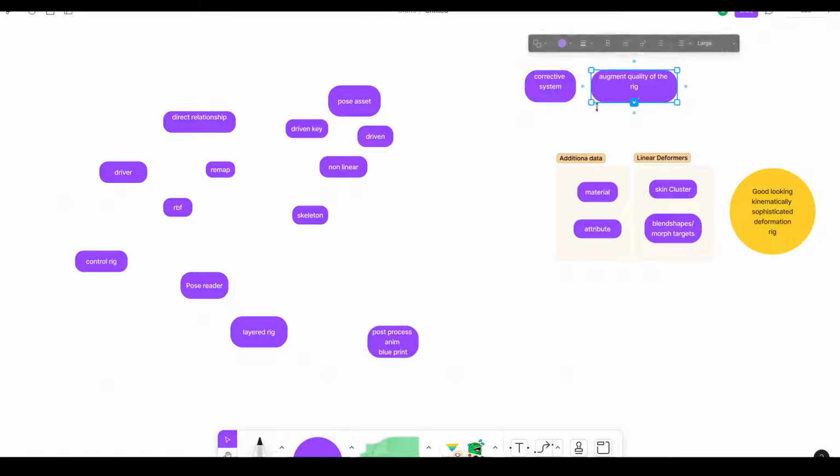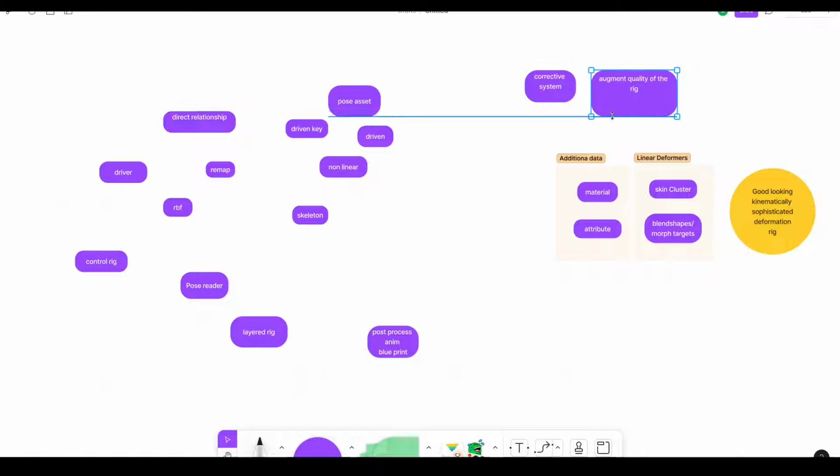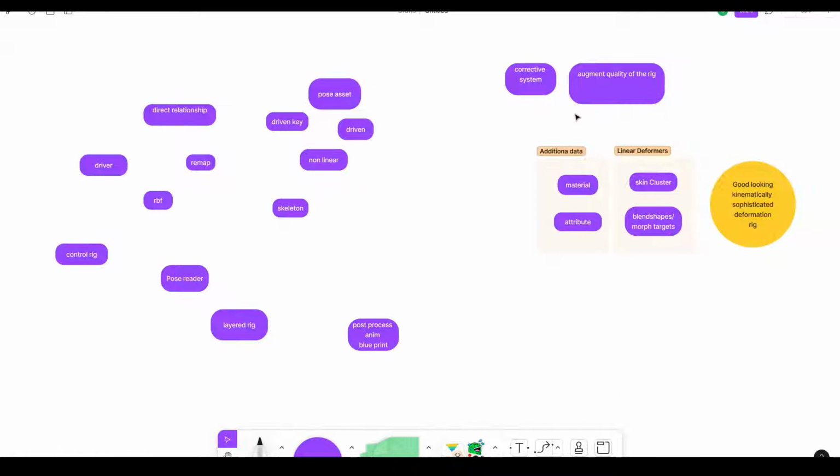What we're going to discuss today is how to build the system in a very simple manner. So this is purely the theory behind it.